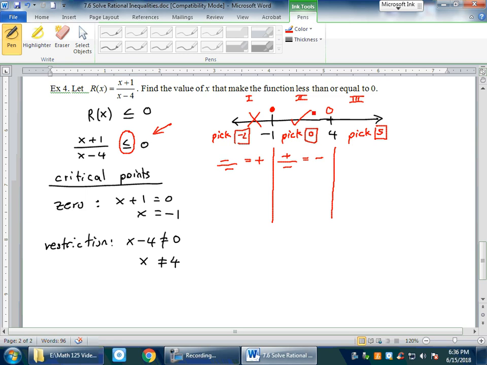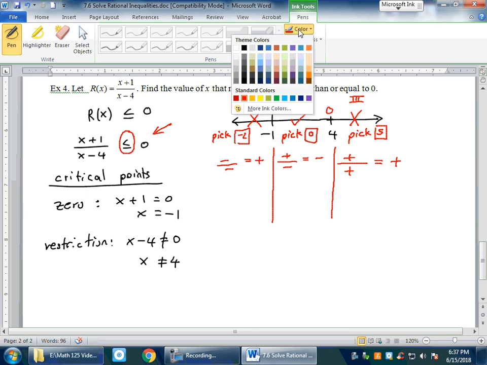And finally, when I substitute 5, the numerator will be positive. When you substitute 5 into the denominator, it is also positive. So positive number divided by positive number is a positive number. And we know that a positive number is not less than 0. So therefore, this interval does not satisfy the inequality.